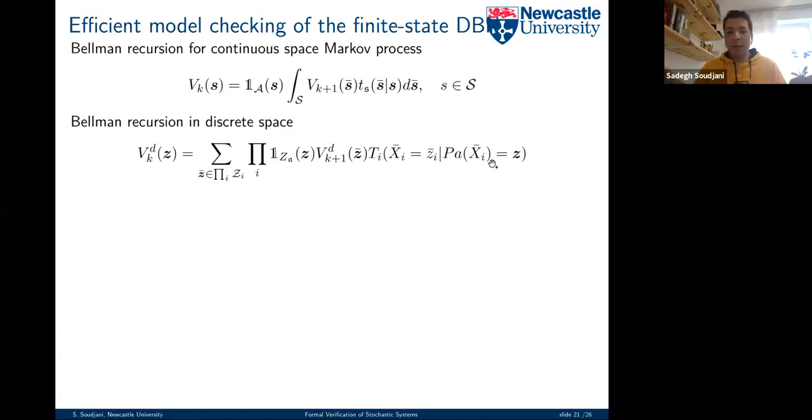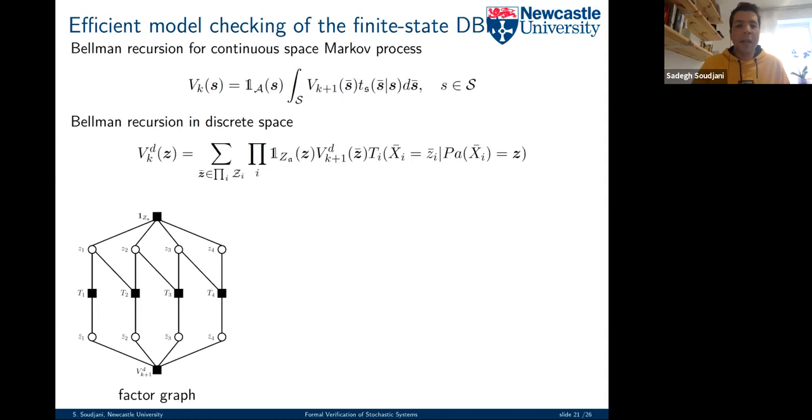So you have to take the product of these conditional tables, and then take the summation over some of the variables. This is studied extensively in the literature, and there are efficient methods to compute this sum-product expression.